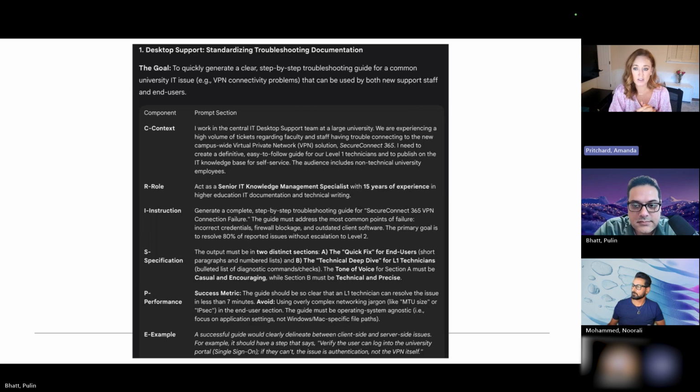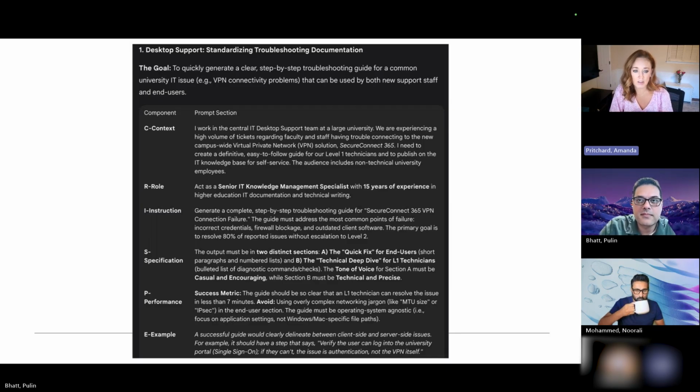I know, at least for emerging tech, creating a troubleshooting guide or knowledge base article is something we routinely do, and I know desktop support does that as well. So rather than having to think through and structure it 100% on your own, putting it in this formula allows you to think through it a little bit differently.